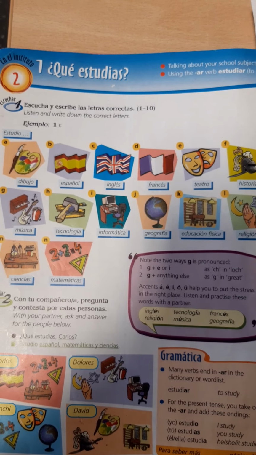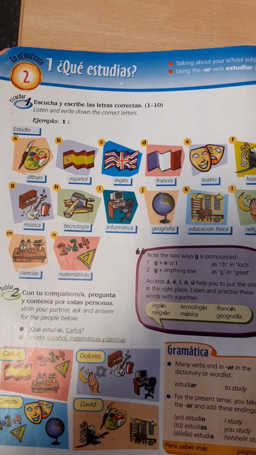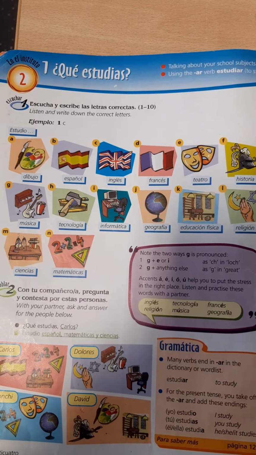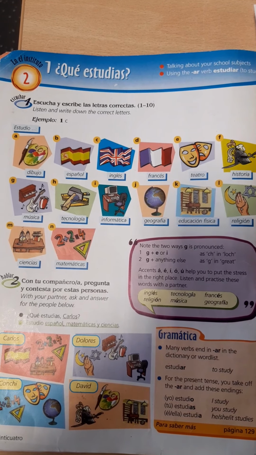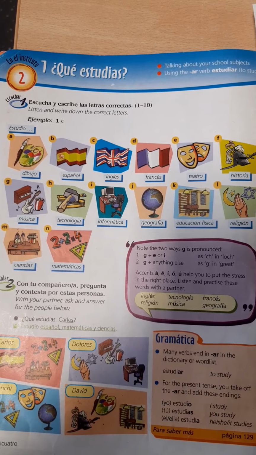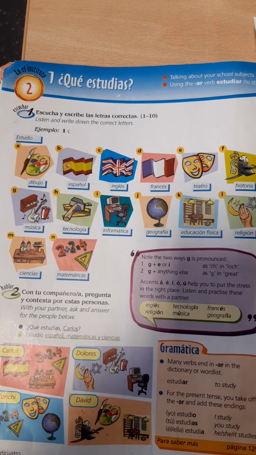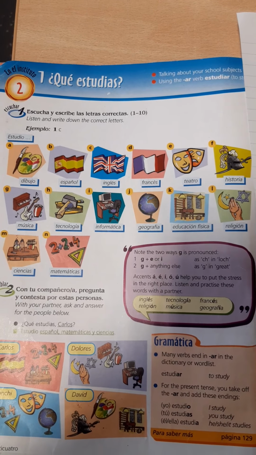Okay, number 1. Estudio inglés. Number 2. Estudio historia. Number 3. Estudio matemáticas. Number 4. Estudio ciencias. Number 5. Estudio geografía.